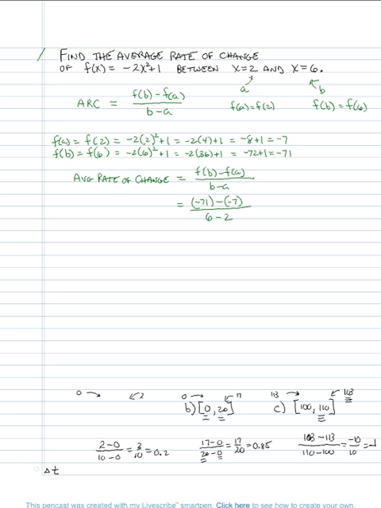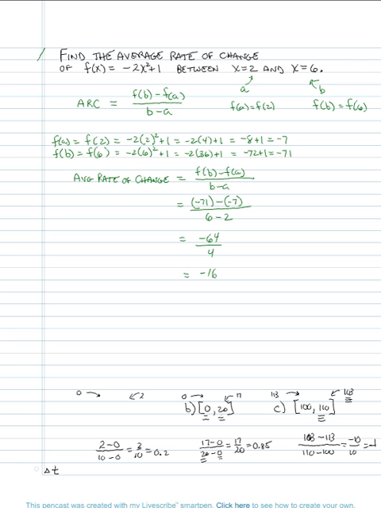And we see up here, negative 71 minus a negative 7 is negative 71 plus 7. So what is that? Negative 64? That gives us negative 64 divided by 4, or in this case, that calculates to what? What is that? Negative 16? I believe so. Negative 16.